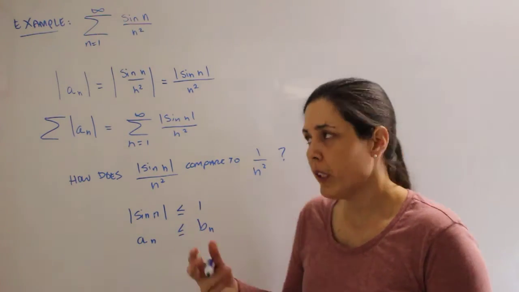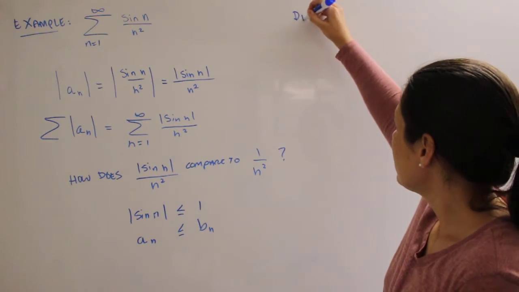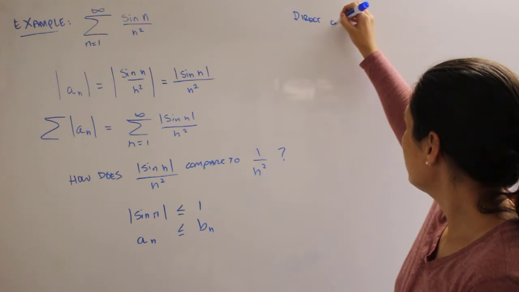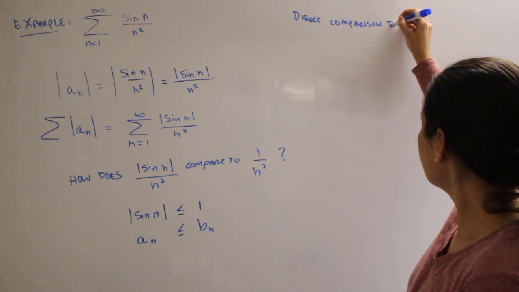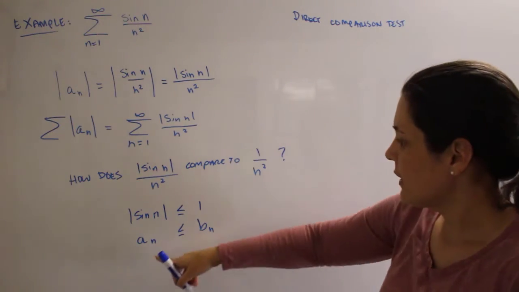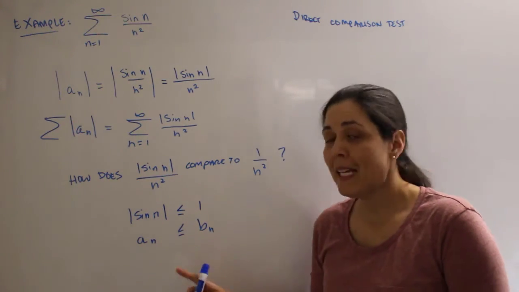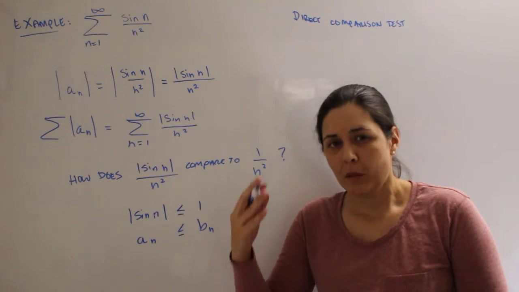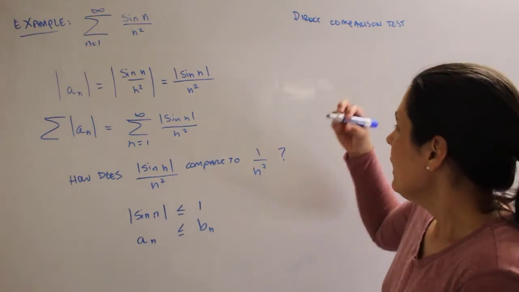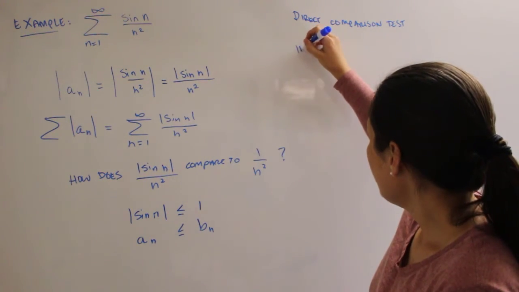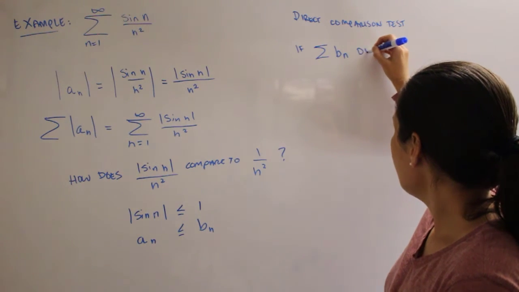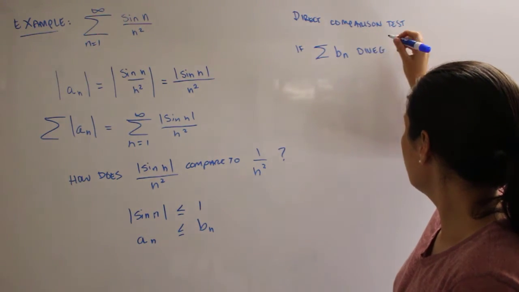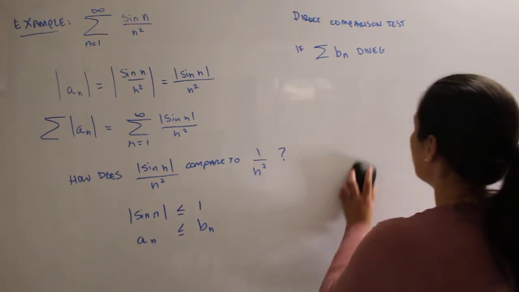So let me remind you really quick what the direct comparison test said. The direct comparison test said if this was true, a sub n is less than b sub n, we had some different possibilities. So if that's true, and if the series b sub n, oh no, I actually want to work with the bigger one.